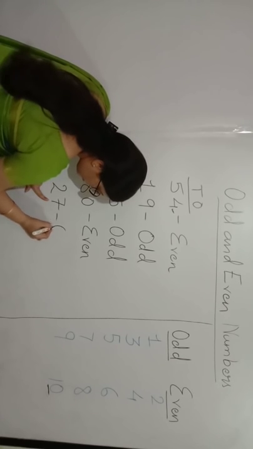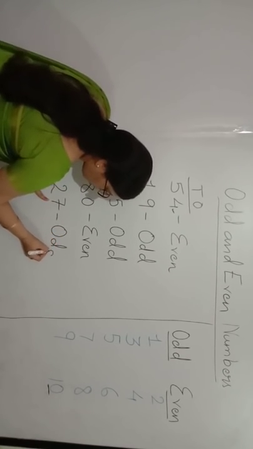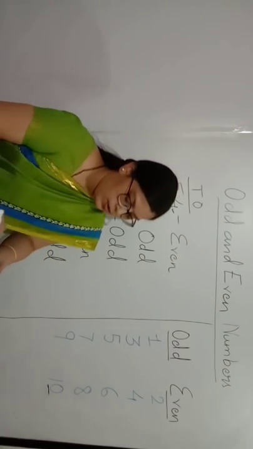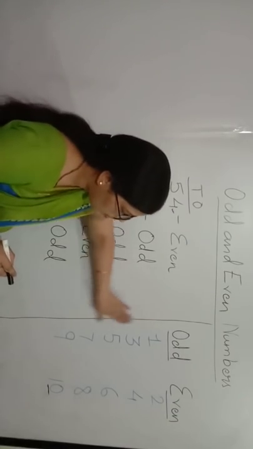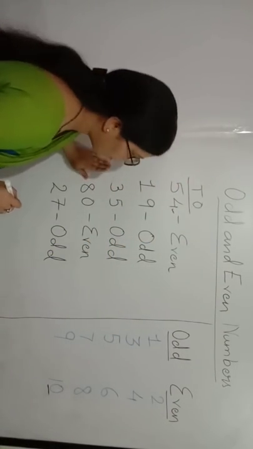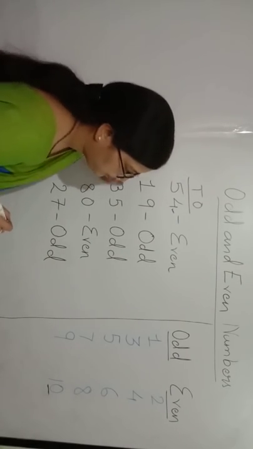So the whole number 27 is an odd number. Clear, all of you? So with the help of these digits only, we can identify 2-digit numbers also, whether they are even or odd.